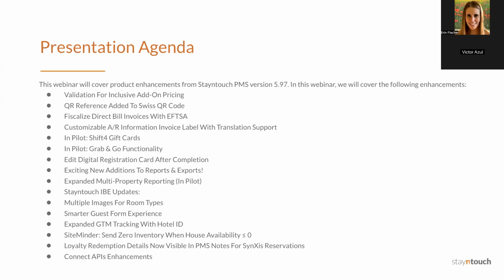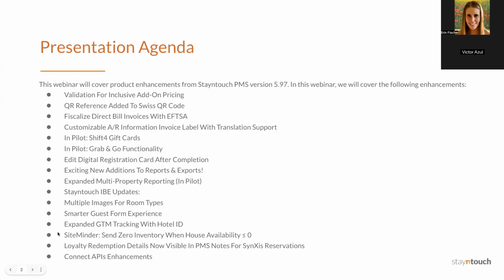And then we've made a host of exciting new additions to reports and exports, including expanded multi-property functionality, which is in pilot right now. And then some Stayntouch IBE updates include multiple images for room types, smarter guest form experience, and expanded GTM tracking with Hotel ID.